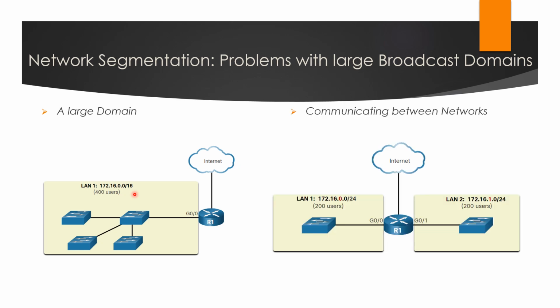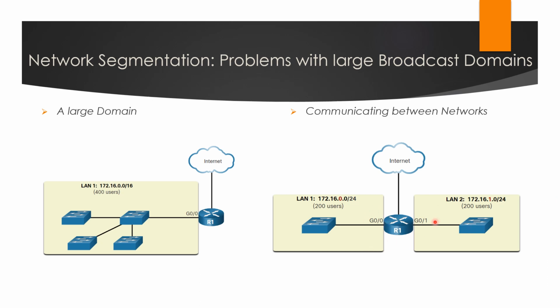And here in the figure, the 400 users in LAN 1 with the network address of 172.16.0.0/16 have been divided into subnets of 200 users, each one with its own network address: 172.16.0.0/24 and the other one 172.16.1.0/24. Broadcasts are only propagated within the smaller broadcast domain, so we created 2 broadcast domains.